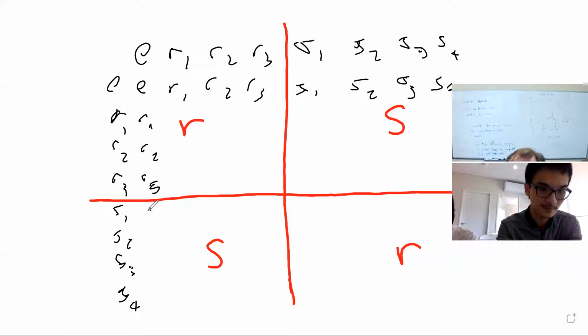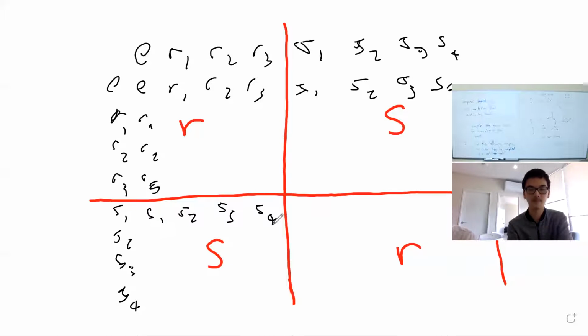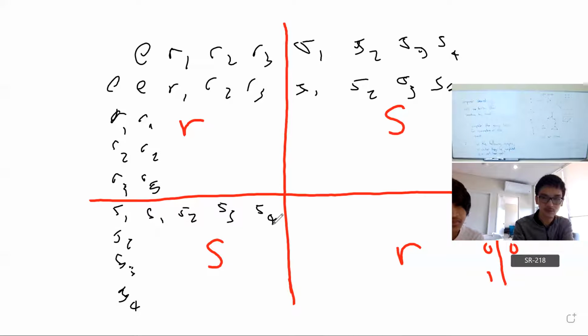And what I wanted to point out is that this is the same as addition modulo 2, right?